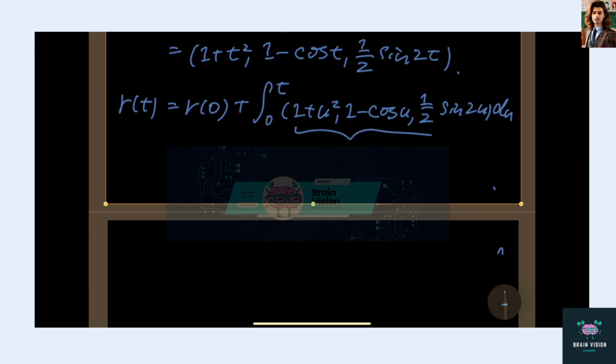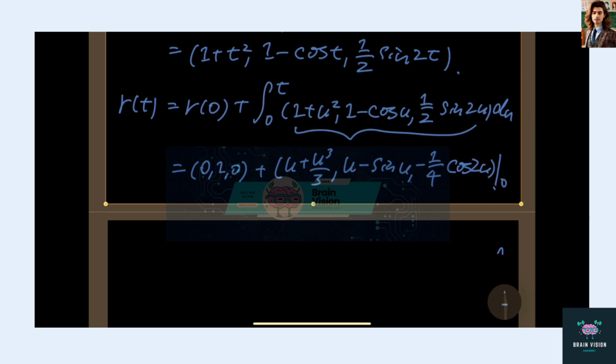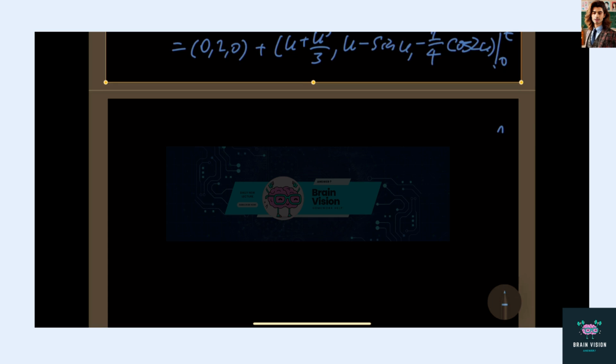This is the velocity vector that we found above, and this equals 0, 1, 0 plus u plus u to the third over 3, u minus sine of u, and then negative 1 over 4 times cosine of 2u, from 0 to t. Okay.